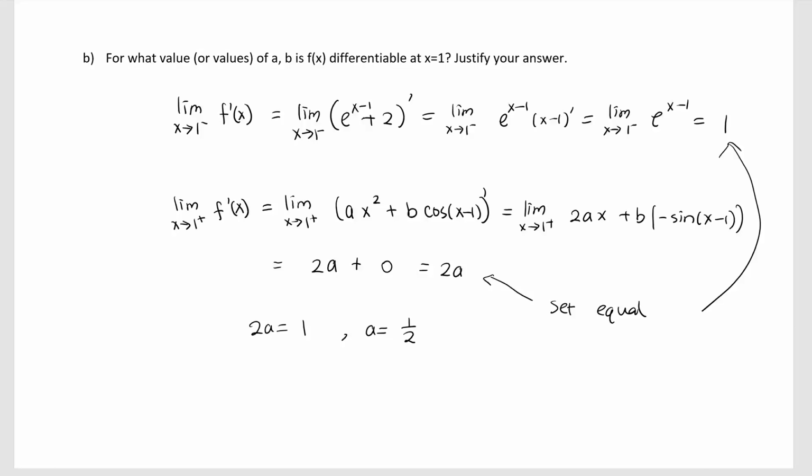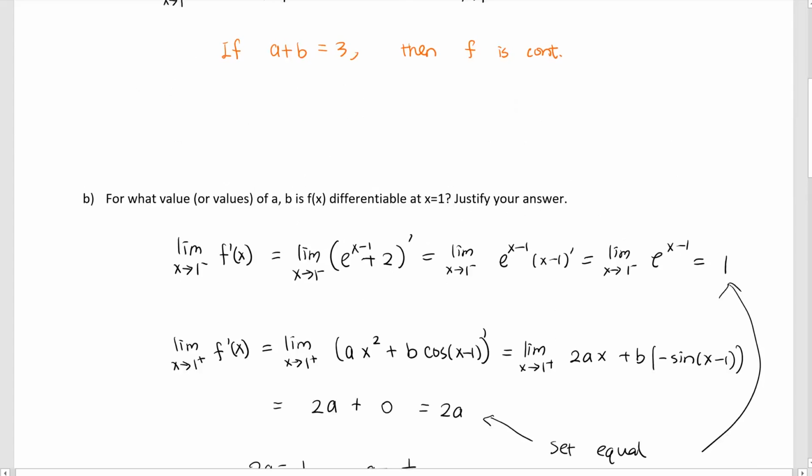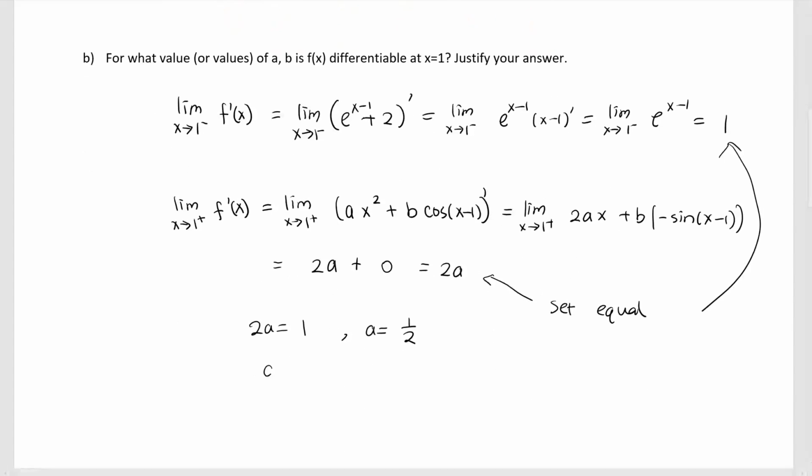A is 1/2. And keep in mind, to be differentiable, the function must be continuous first. So whatever condition we have from part A, we also need to put it here. So a plus b is 3. Then b is 3 minus a, so 3 minus 1/2, which is 5/2.